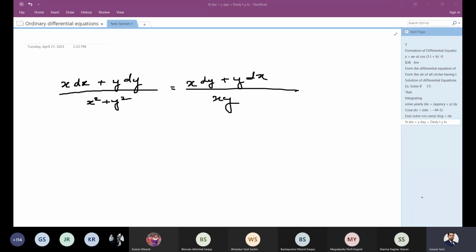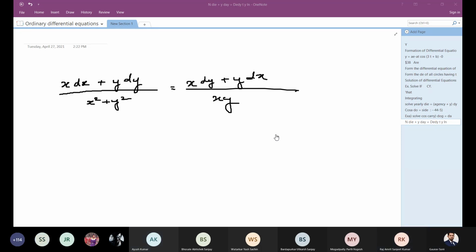On the right side, x dy plus y dx is the differentiation of xy. And on the left side, we must multiply by 2 and we'll get the differentiation.